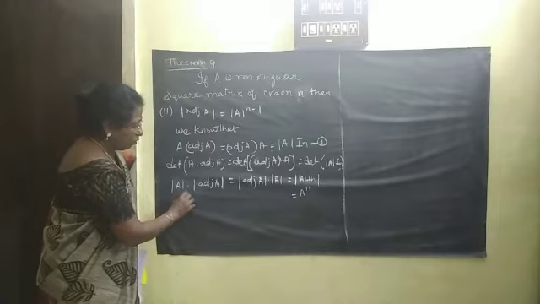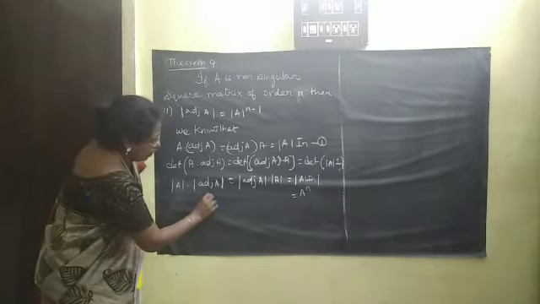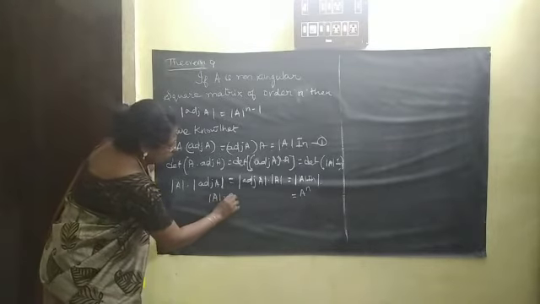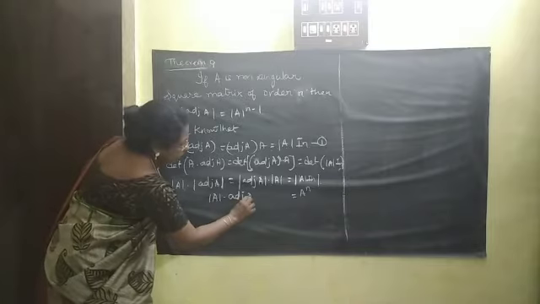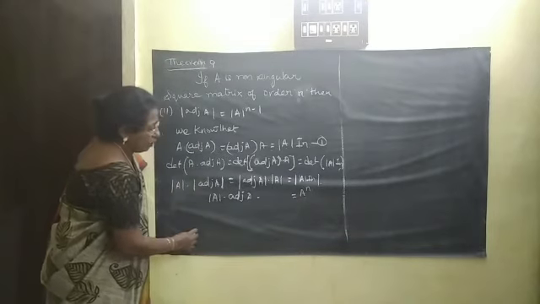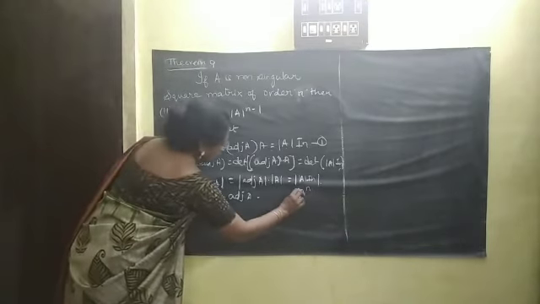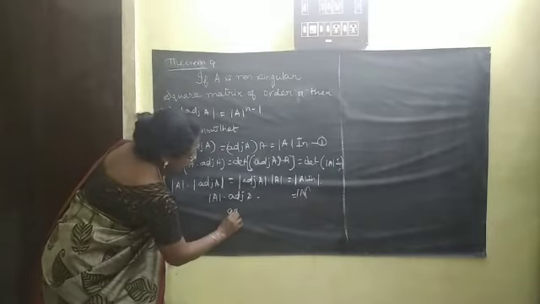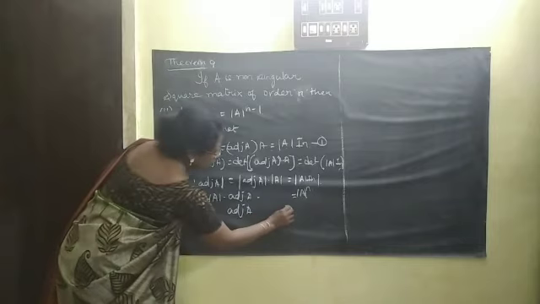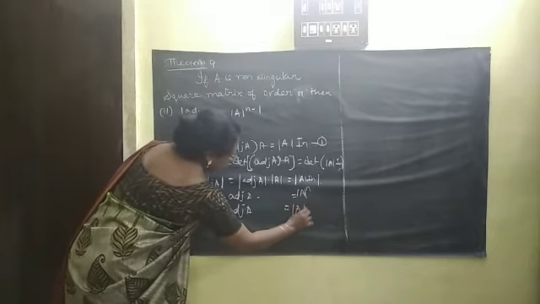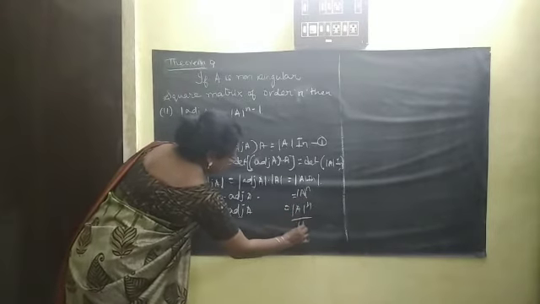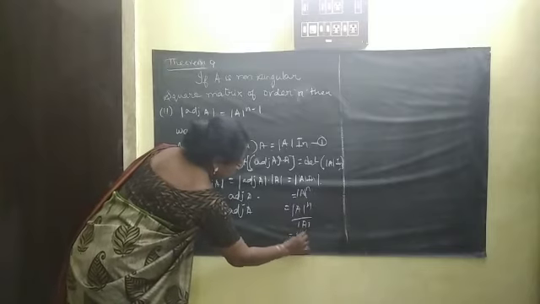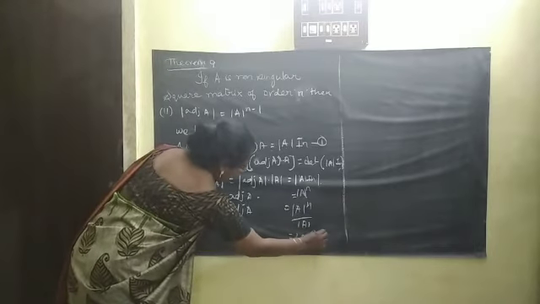So you wanted to find out the adjugate of A value. This is equal to determinant A power n divided by determinant A. So this is equal to determinant A power n minus 1.